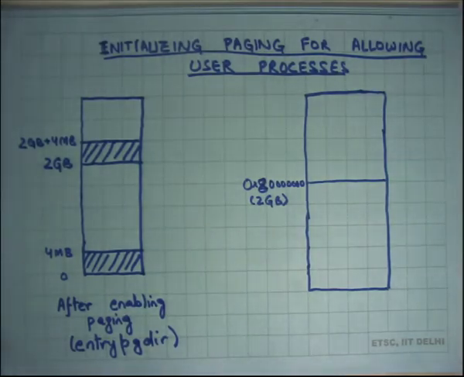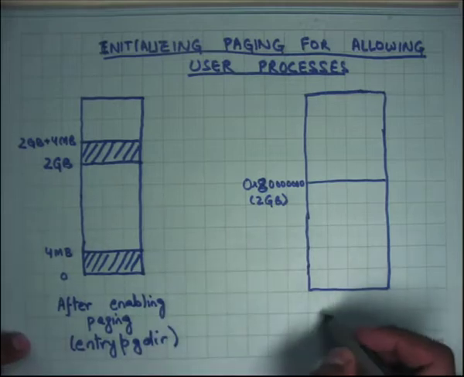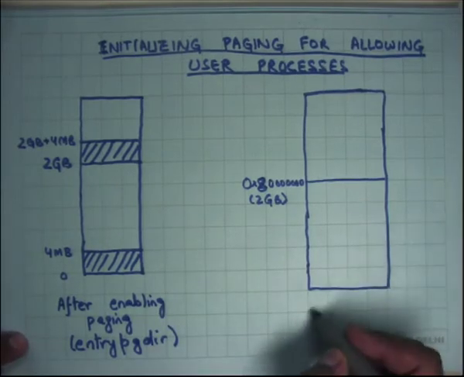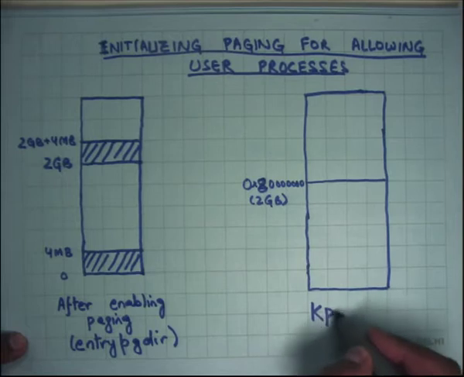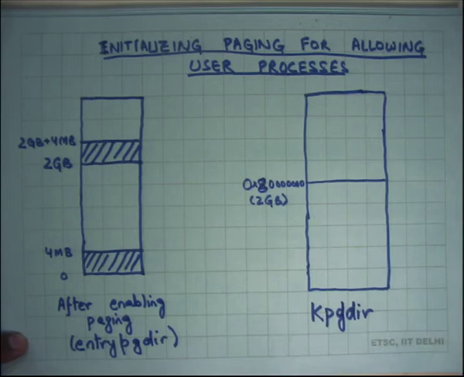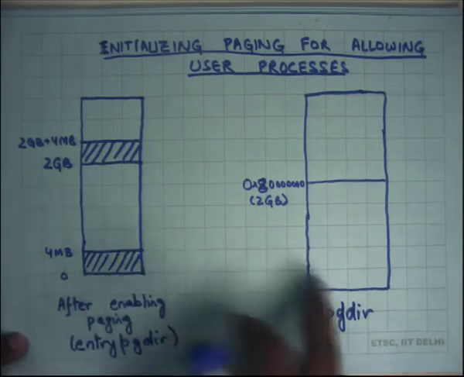Okay. So in this kernel page directory, let me call it K page dir, I want to switch from this address space to this address space.